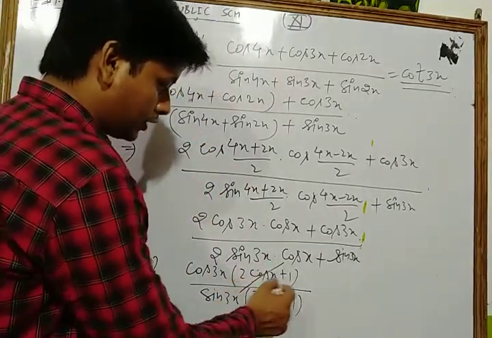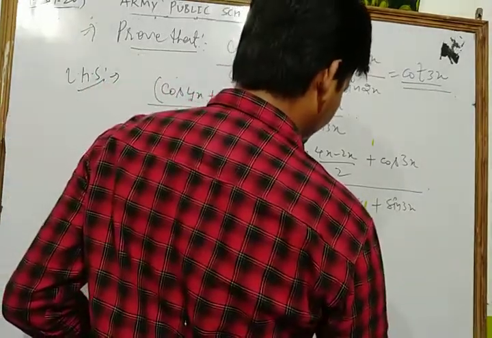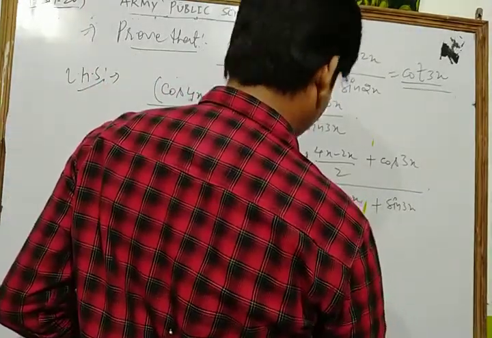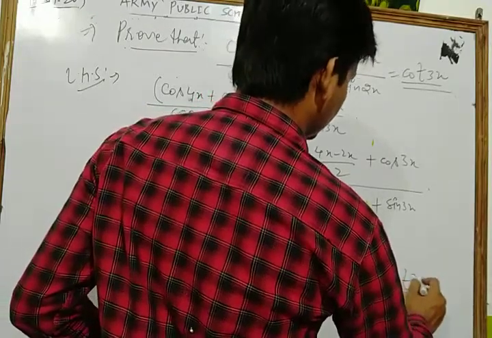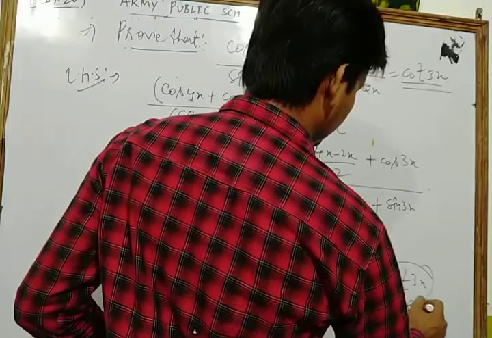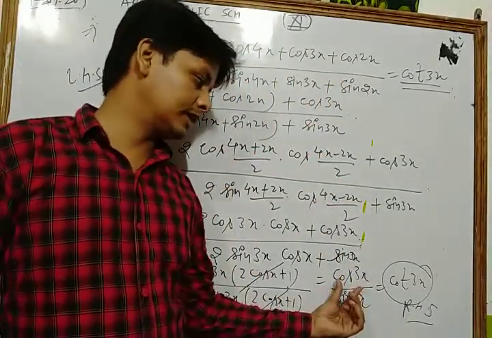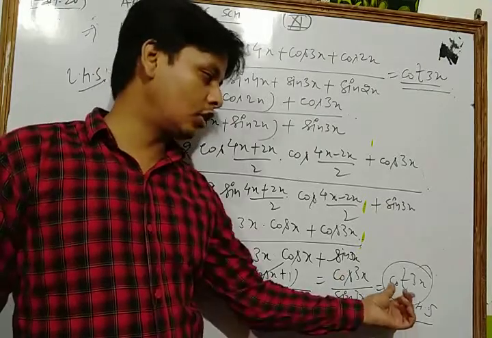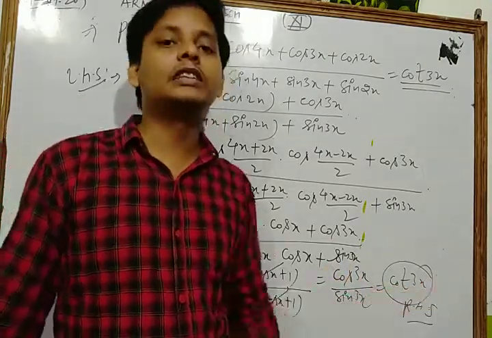The 2 cos x plus 1 cancels with 2 cos x plus 1, then what do I get? Cos 3x upon sin 3x, that is cot 3x, and that is your RHS. Hence proved. We know that cos x upon sin x is cot x, so cos 3x upon sin 3x is equal to cot 3x.